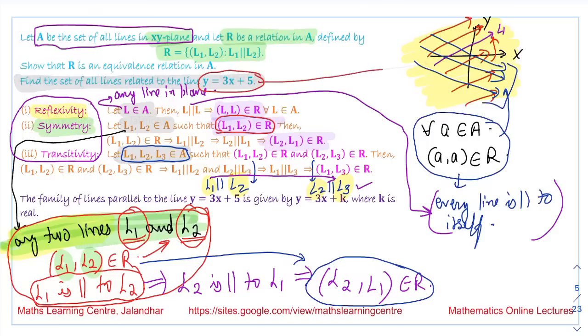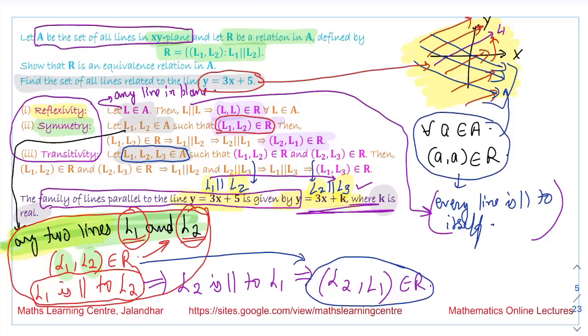We have to find all the lines which are parallel to this line, and we know that the lines parallel to the line y = 3x + 5 are y = 3x + k, where k is any real number. So the family of lines parallel to the line y = 3x + 5 are all the lines which are related to the line y = 3x + 5.